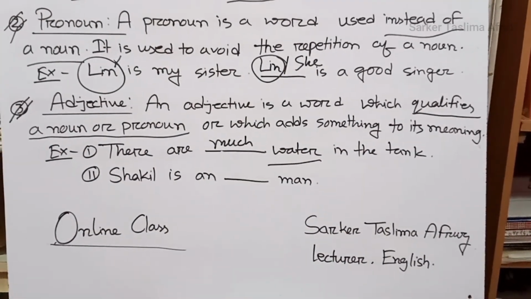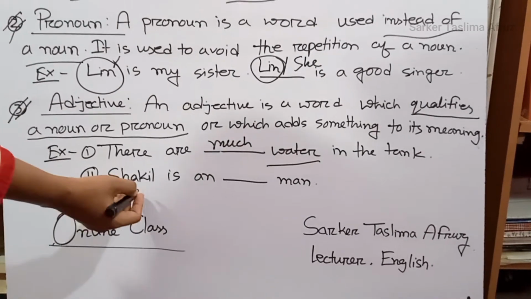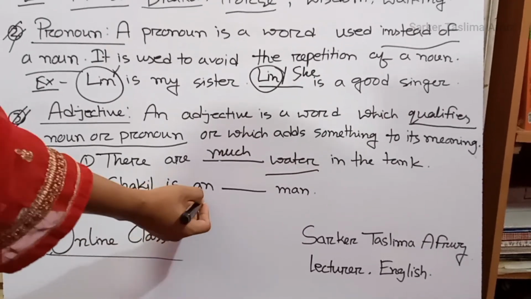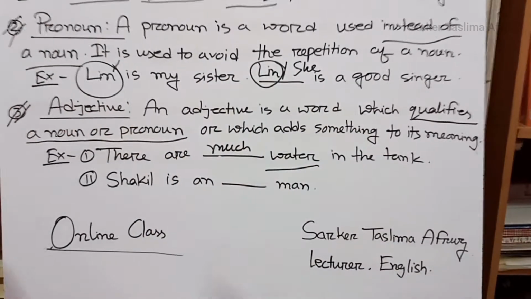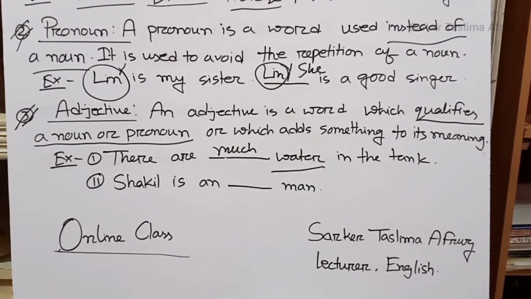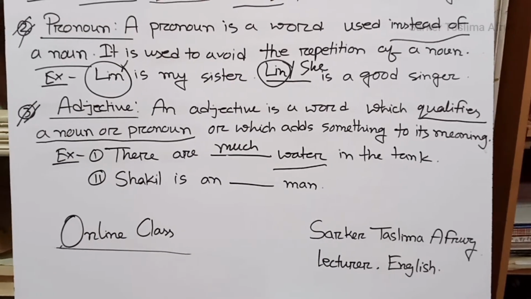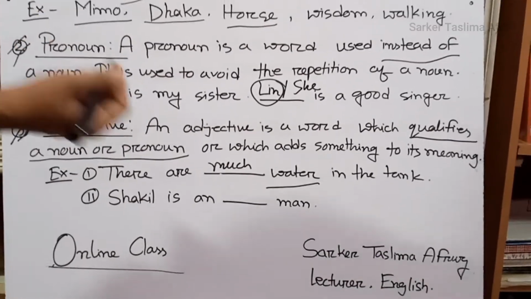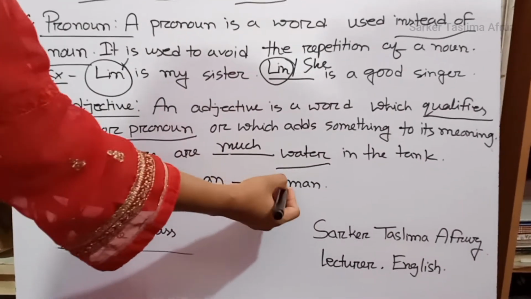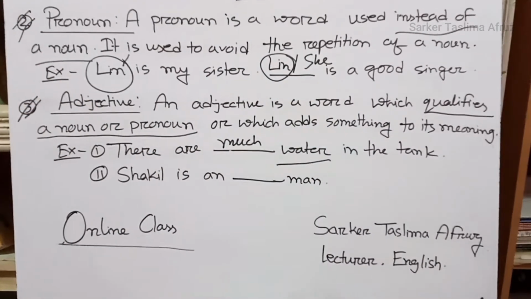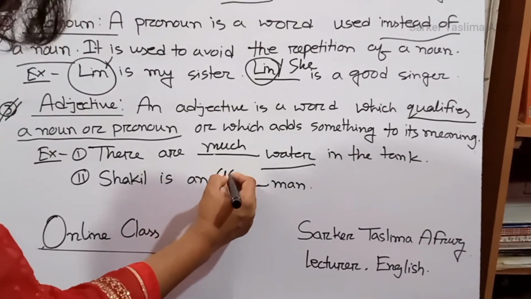Again, you can see in the next example, I have written here Shakil is a dash man. Actually, I know Shakil is a man, and I want to give an extra information. That's why I made a blank here, and I can write here active.